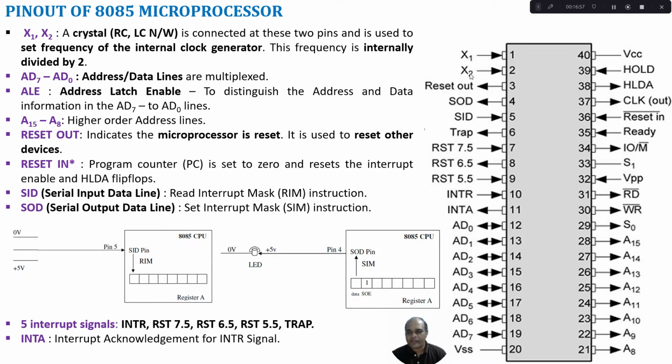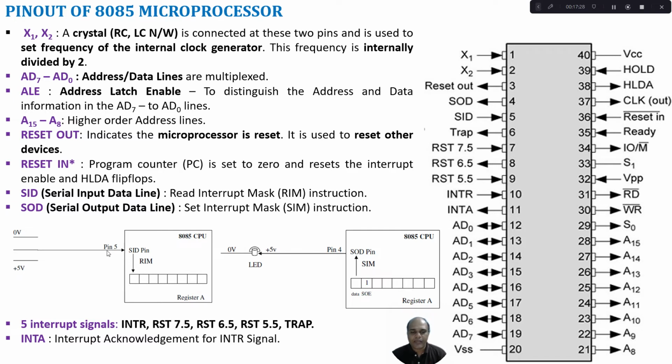Then we have this serial output data and serial input data for data transfer from microprocessor to peripheral devices. So serial input data, for example, if we execute a RIM instruction, read interrupt mask instruction, then the data available on this pin, SID pin, can be obtained and it can be moved on to the 7th bit of your accumulator.